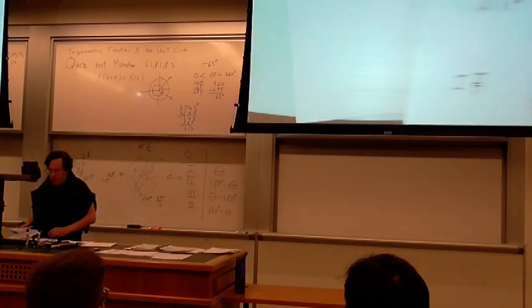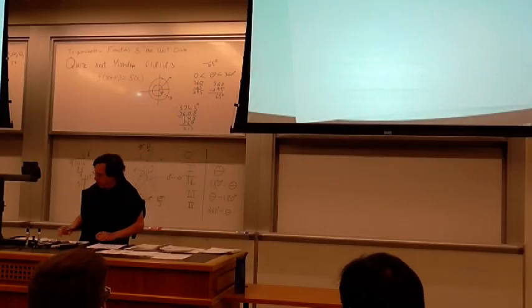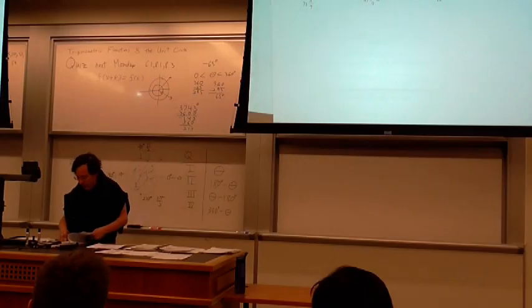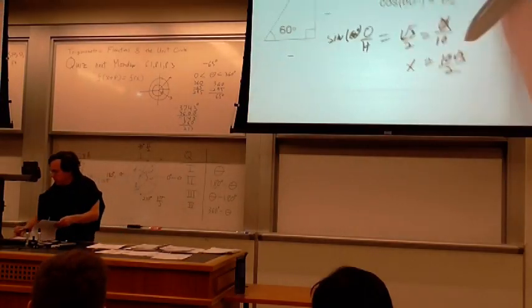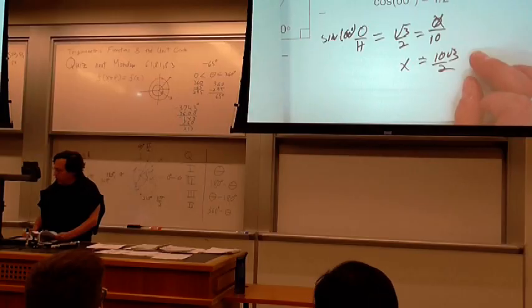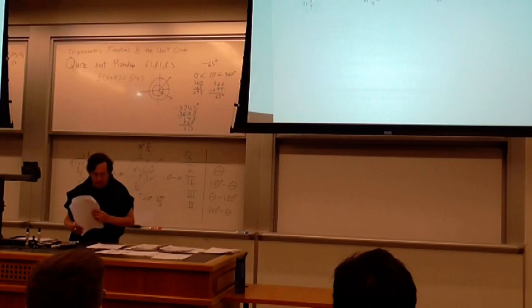Okay, all right, onwards. Someone at the break asked me, how do I know that the sine of 60 is the square root of 3 over 2 and the cosine of 60 is 1/2?